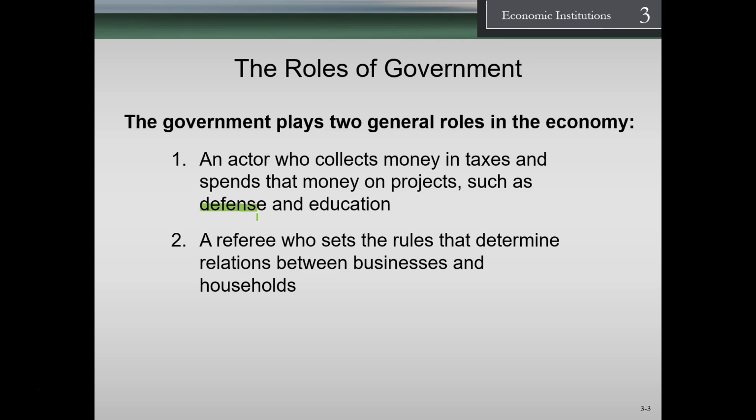So we all have an interest in defense, but no one individual in their particular self-interest is the one that will put in. So that's why defense was probably for the federal government one of the first things where we said, yeah, okay, the market doesn't exactly work in terms of that particular item, and it's necessary.